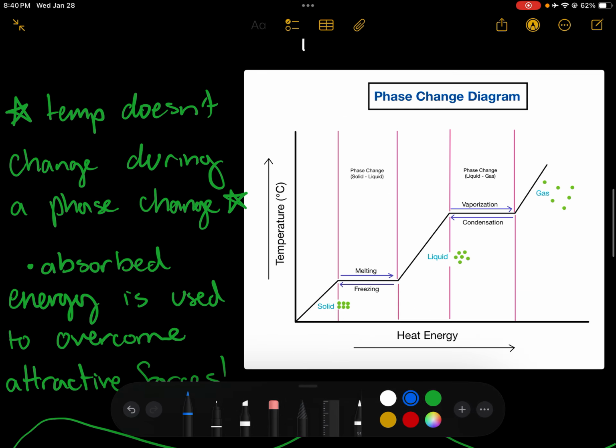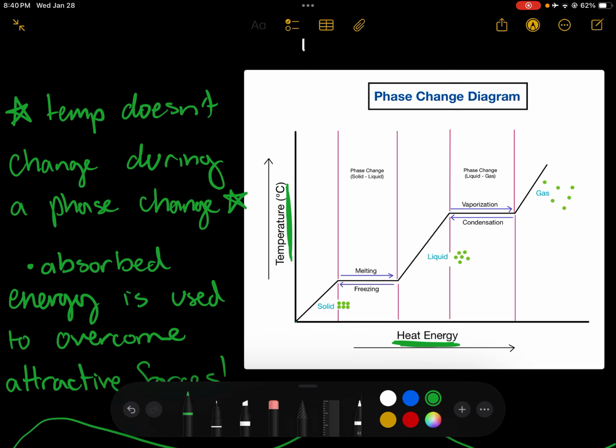This diagram should not look unfamiliar to you because we have seen it before. This is a phase change diagram, and what a phase change diagram looks at is how much heat energy molecules are absorbing and how the temperature of those molecules is changing.